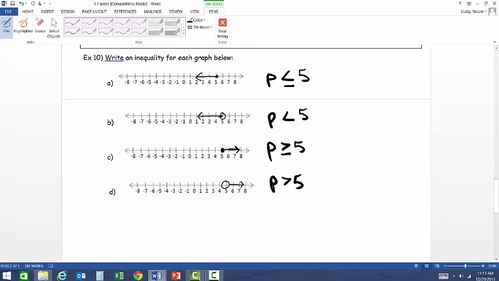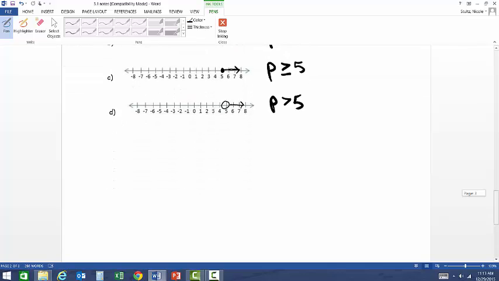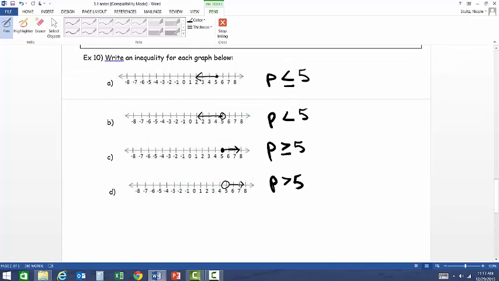So 5 is the endpoint on all of these solution sets or all of these inequalities, but you have to change the direction of your arrow based on which way it's going. And again, it only works that way if your letter is on the left. If I switch places with these, then it's going to make it a lot harder to graph. So put that letter on the left side always.